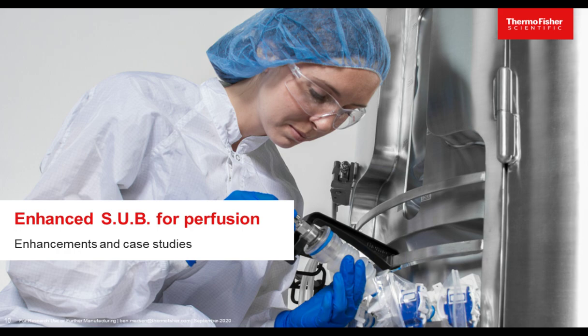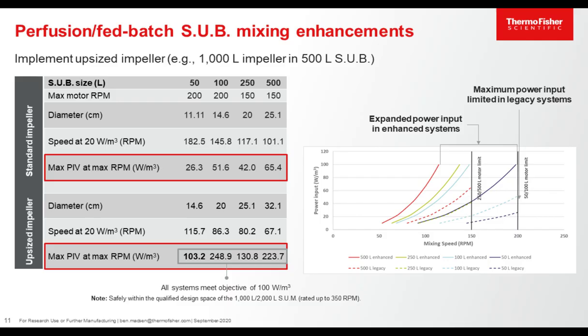First, we'll focus on the perfusion design and go over a target use case. And first of all, it's important to note that the design improvements we'll be discussing today are specific for our sub sizes from 50 liters to 500-liter scale. This is done for multiple reasons, including staying within our previous safety testing thresholds, as well as supporting what we see as practically used sizes, especially for perfusion, due to the logistics of maintaining media and processes at large scales.